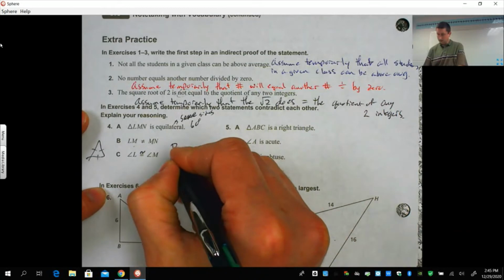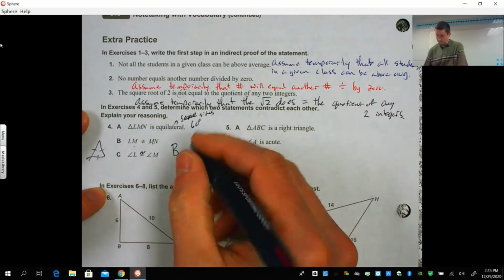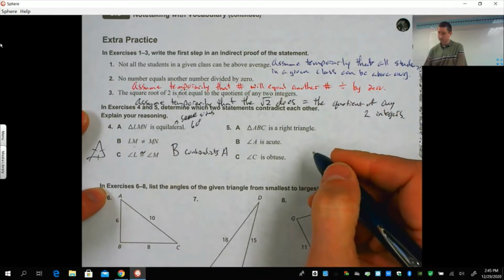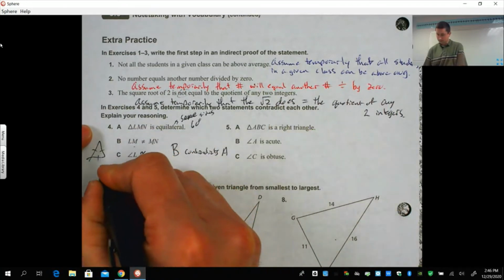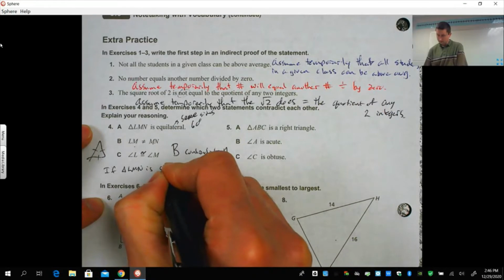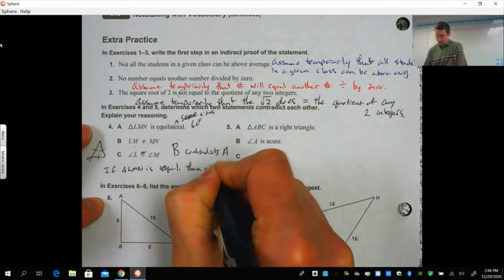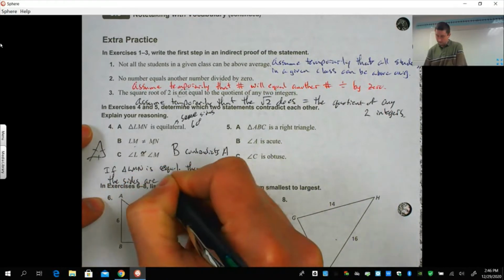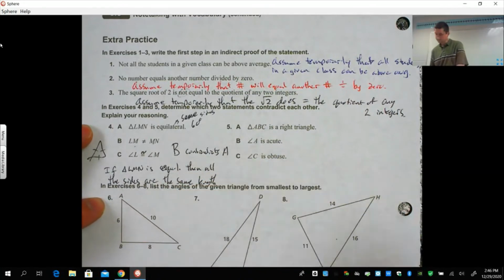So B contradicts A. B contradicts A. And explain your reasoning. If triangle LMN is equilateral, then all the sides are the same length.